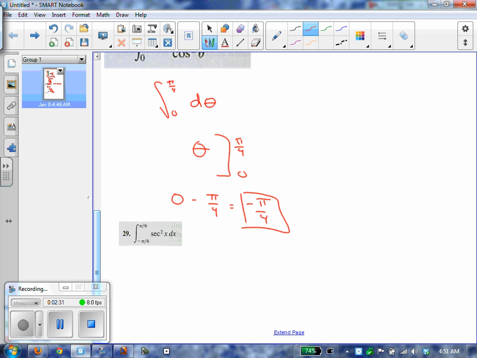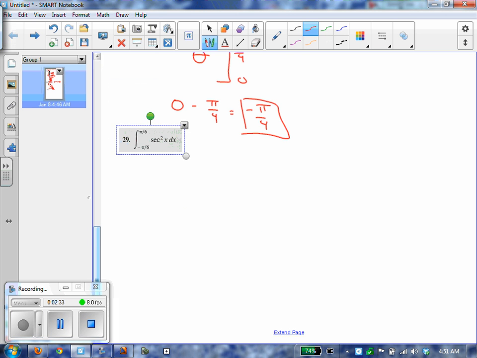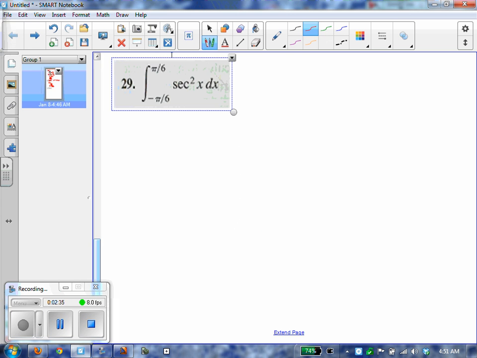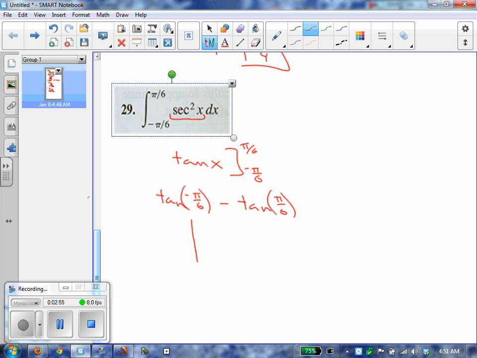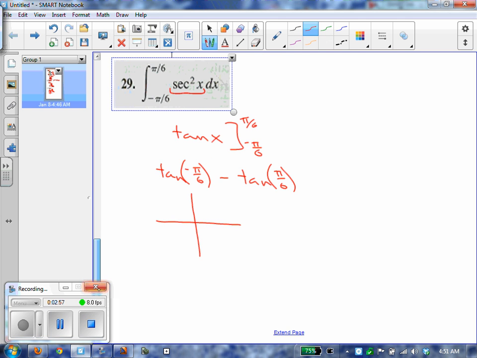And this one was similar to one that we did yesterday, because what's the integral of secant squared? Tangent. So I'm going to get the tangent of x from negative pi over 6 to pi over 6. So I need to have tangent of negative pi over 6 minus tangent of pi over 6. Well, pi over 6 is 30 degrees.